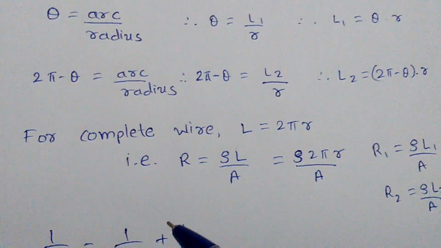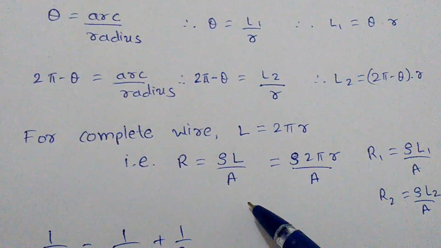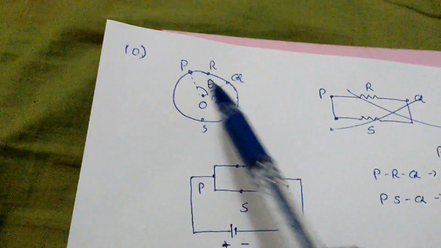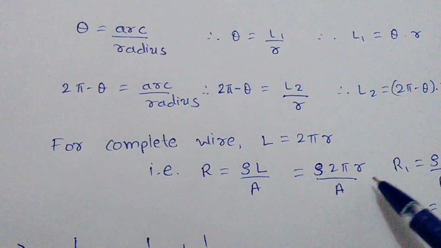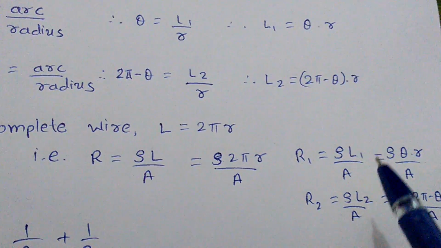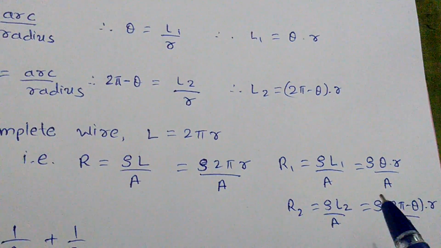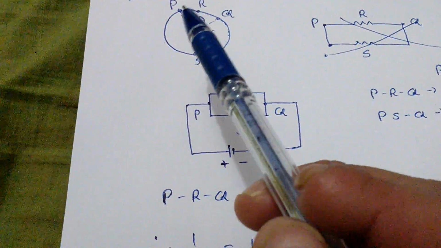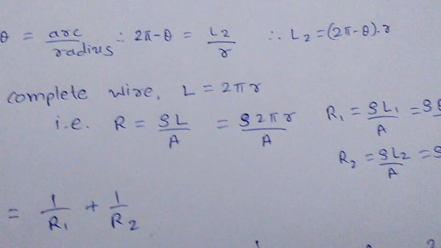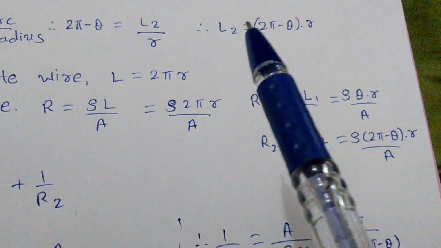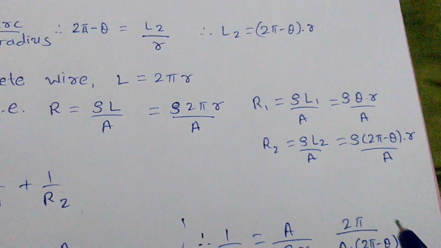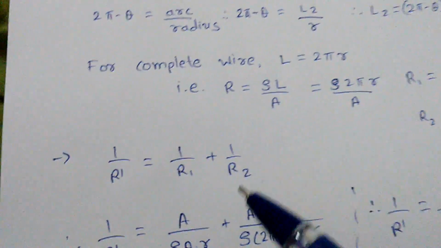Now we have the equation for resistance, R equals rho L by A. So for a complete circular ring, the resistance is rho 2 pi small r upon capital A. For the fragment PRQ, R1 equals rho L1 by A, that is rho theta small r upon A. And for the portion PSQ, it is rho L2 by A, and since L2 equals 2 pi minus theta into small r, R2 equals rho 2 pi minus theta into small r divided by A.